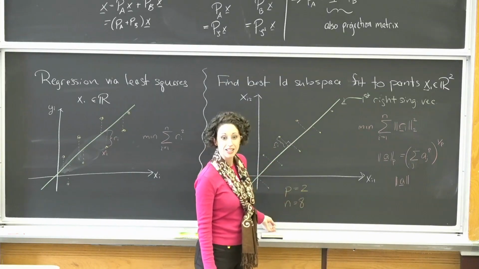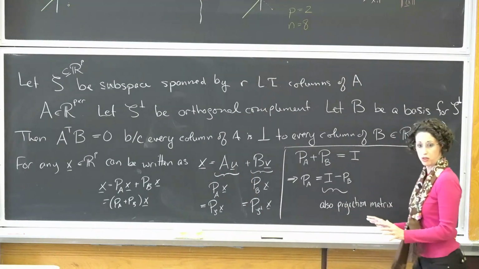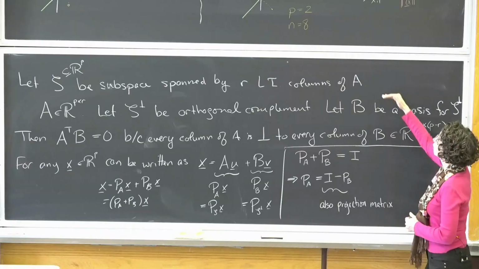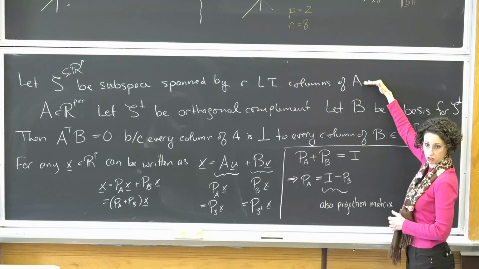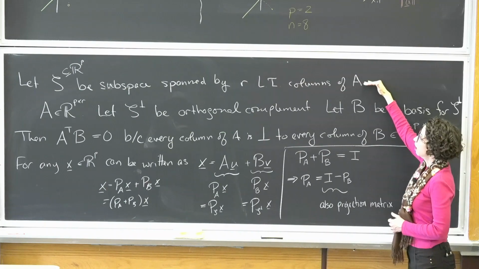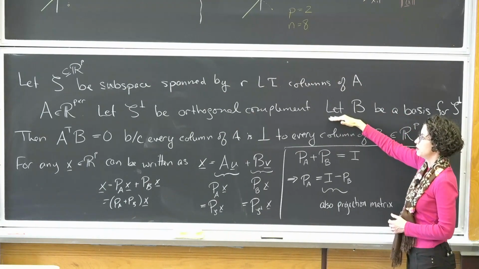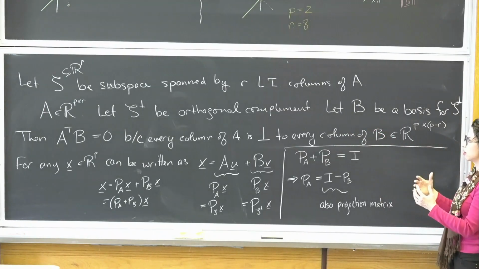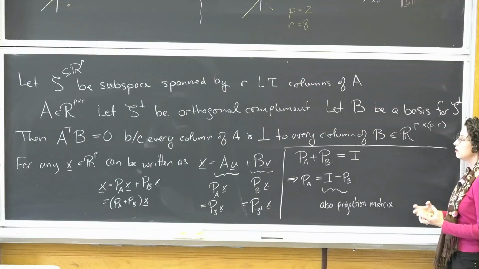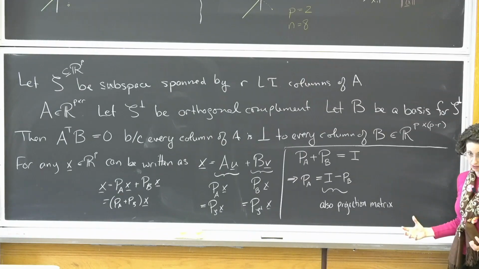Yes? Okay, so there are two separate things going on here. Here, I just have an arbitrary basis, not necessarily orthonormal. But I can still have an orthogonal complement to the subspace, even if I'm not representing that subspace with an orthogonal basis.